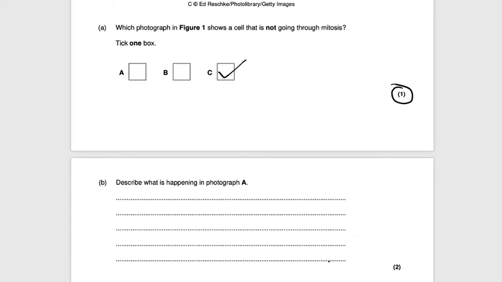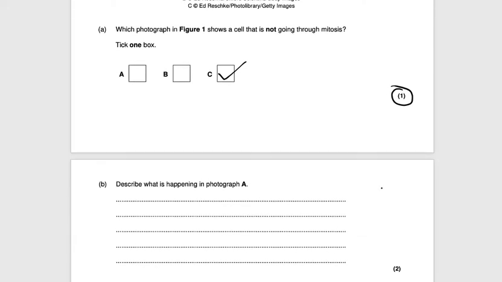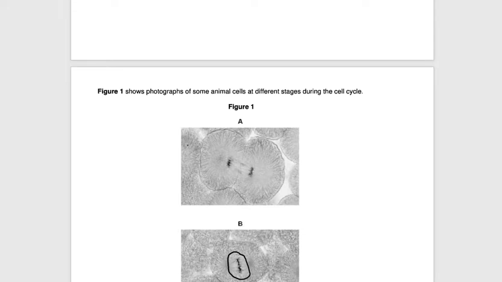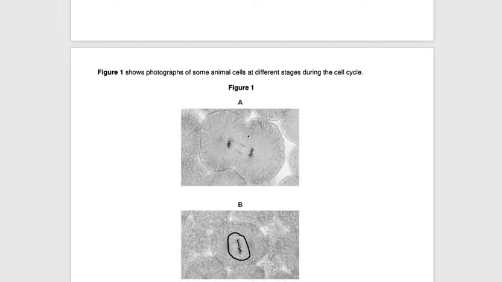Now the next question tells us, describe what is happening in photograph A. So let's go up to photograph A. Now we are forming 2 new cells from 1 cell, and one of the main stages of mitosis is that the cytoplasm and the cell membranes divide to form 2 identical daughter cells, and that's what you need to say in this question.